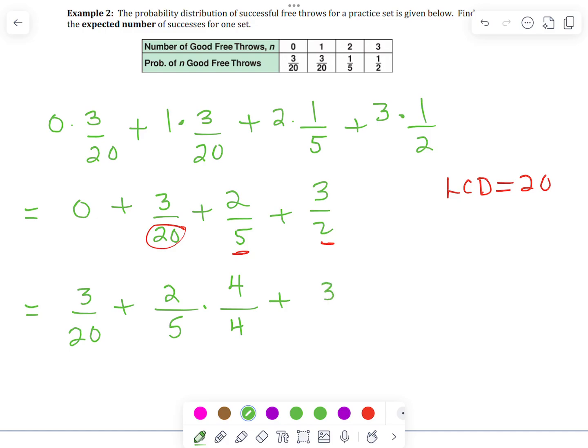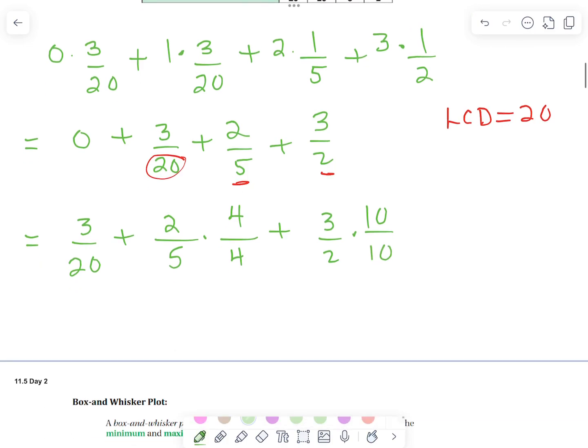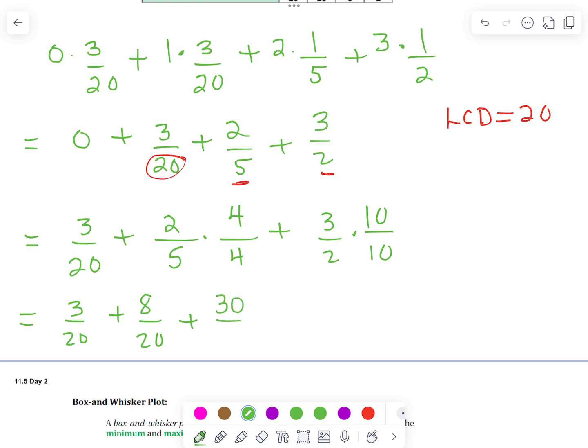And the next fraction, we need to multiply the numerator and denominator by 10. So then we get 3/20 plus 8/20 plus 30/20 is 41/20, which is equal to 2.05. That is the average amount of free throws for a person at practice.